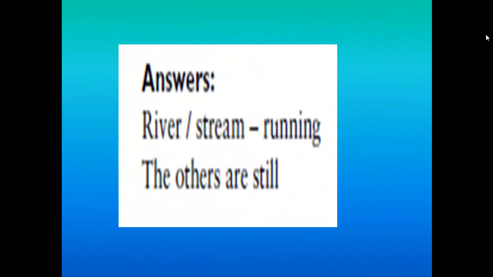The water moves from one place to another place in streams like the rivers. Number 5, oasis, still, and finally number 6, still. So all of these have still water except the rivers and the streams, which have running water. Here are the answers in front of you. River and stream are running, whereas the others are still.